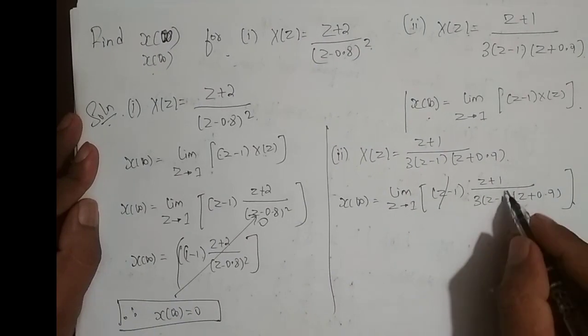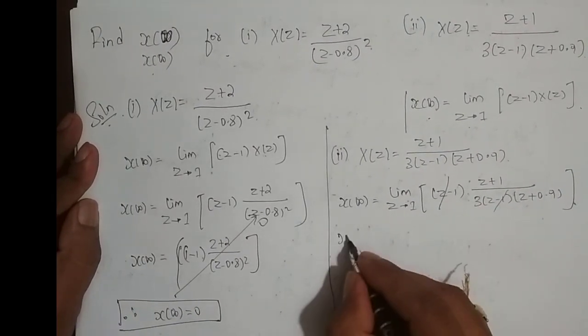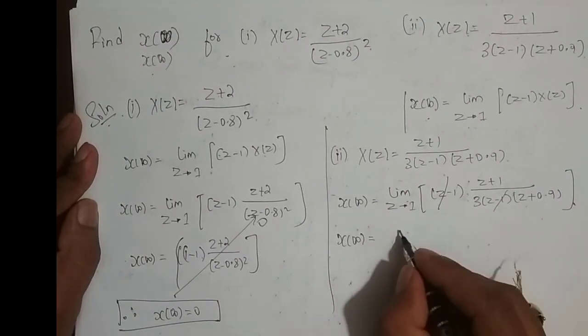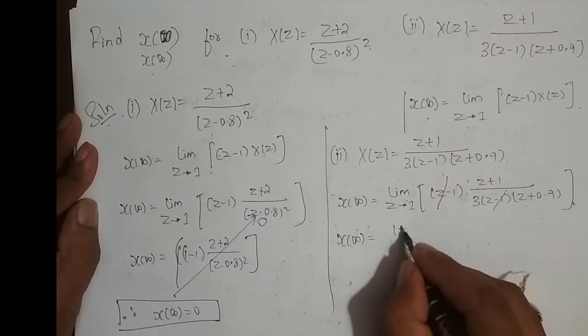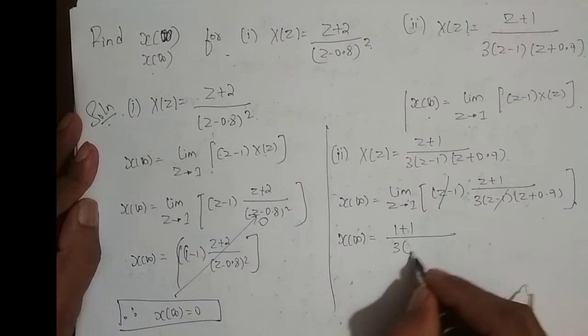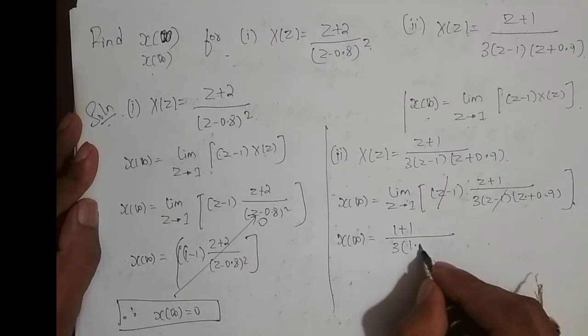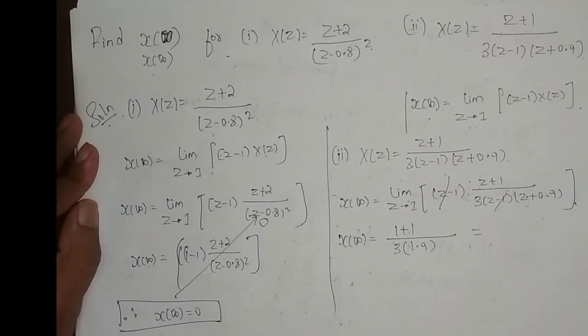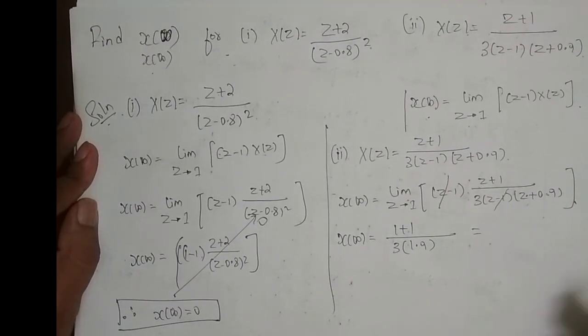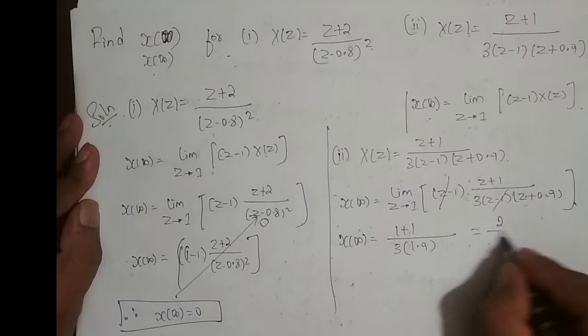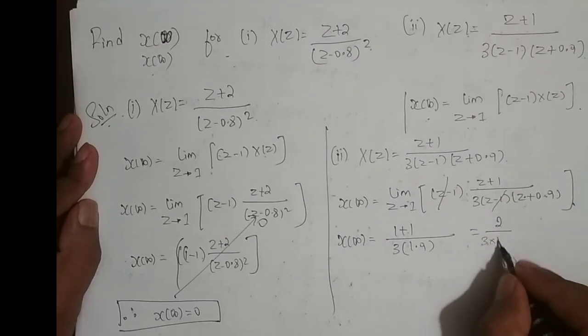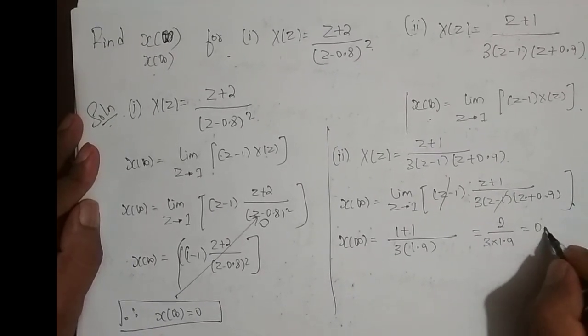So z minus 1 cancels out. If I apply the limit, x of infinity is equal to 1 plus 1 whole divided by 3 into 1 plus 0.9, which is 1.9. So this ends up with 2 divided by 3 into 1.9, this is 0.35.